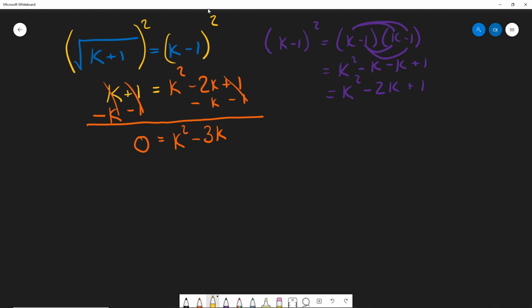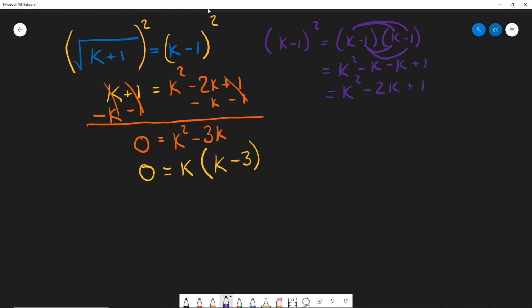If I look at both of my terms, what do they both have in common? They both have a k. So that means I can factor a k into my GCF. Then I'm going to take each of my terms divided by the GCF. k squared divided by k, that's k. Minus 3k divided by k, that's 3.